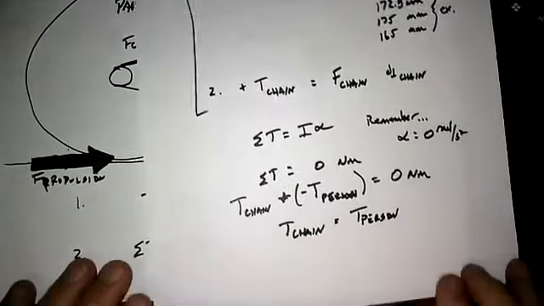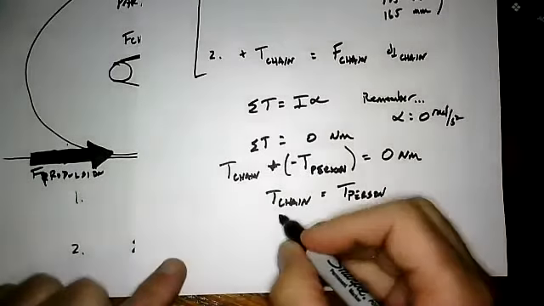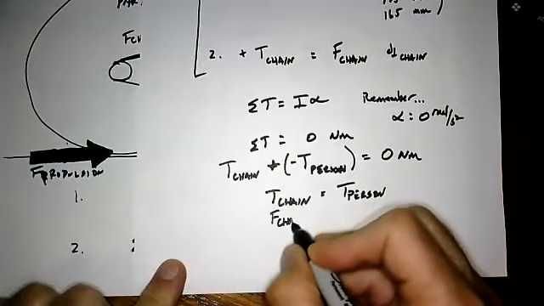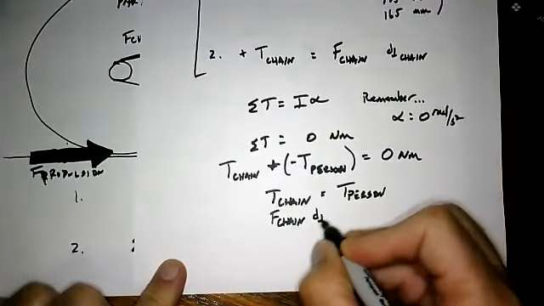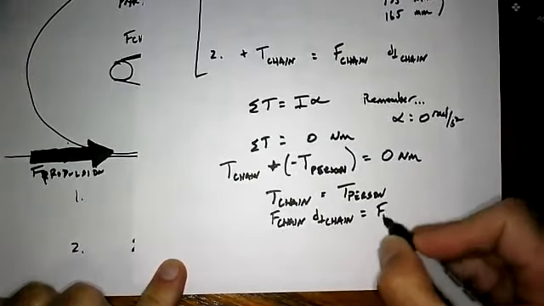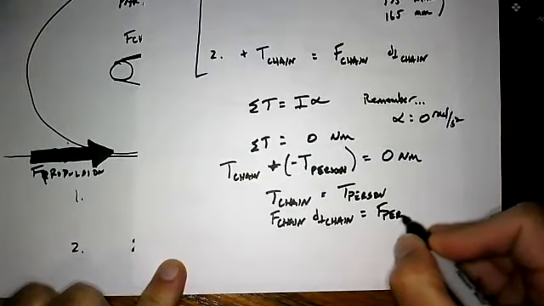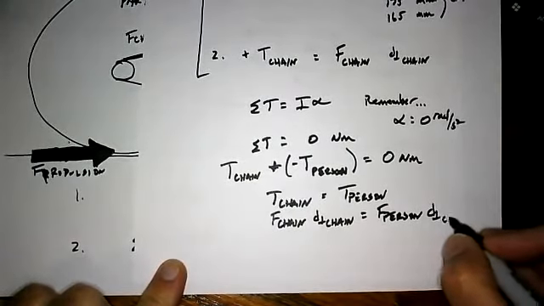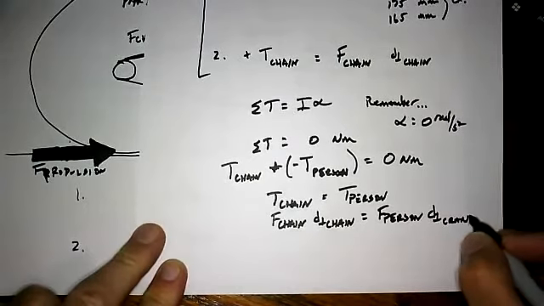Perfect. We're getting close. Now I'm going to put in what makes up torque due to the chain. Equals F person times d perpendicular crank. That's the crank length.